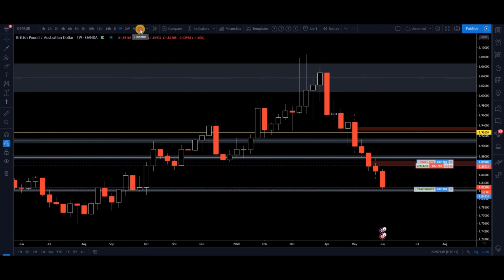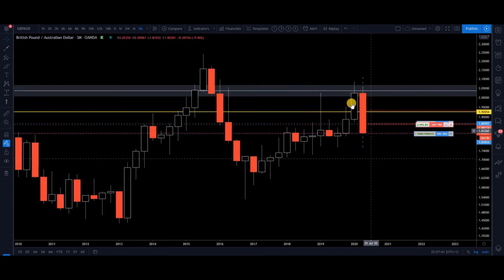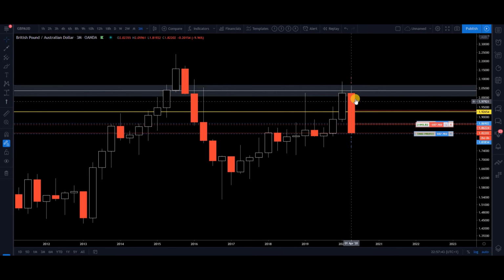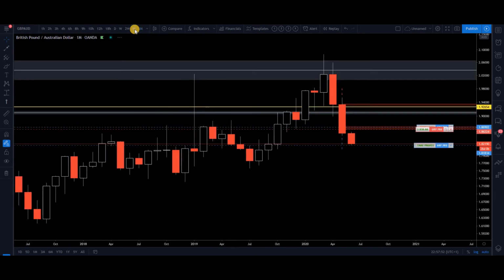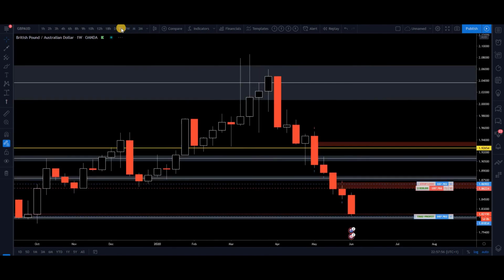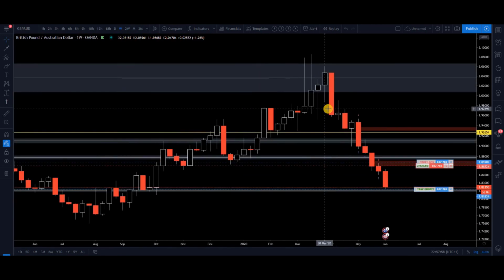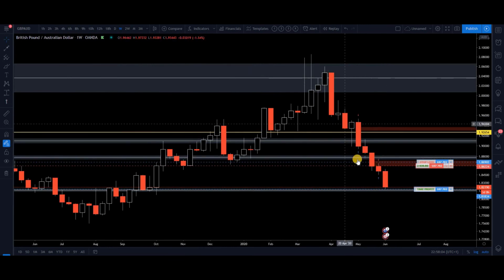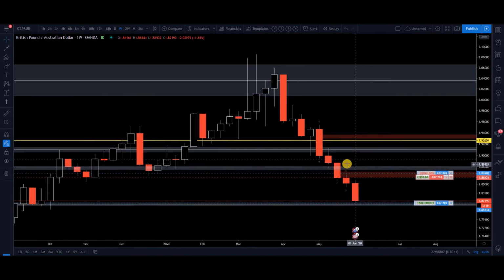So when you're on a 3-month chart and you hit an area of confluence, remember what you're looking at in a 3-month bar is price to move, is price to really move. So as you go down the time frames, monthly chart, weekly chart, sorry, 2 weekly chart, daily chart, what you're looking at is an area to get on this trend, because we'd already decided that's what we wanted to do.